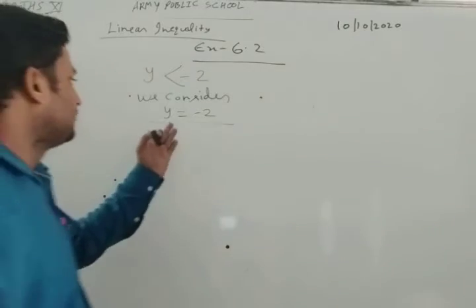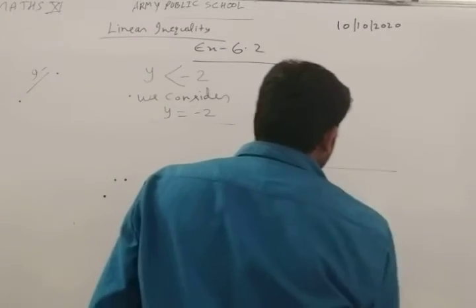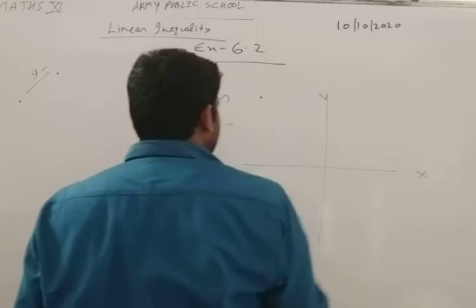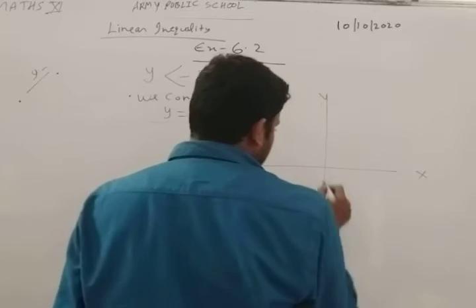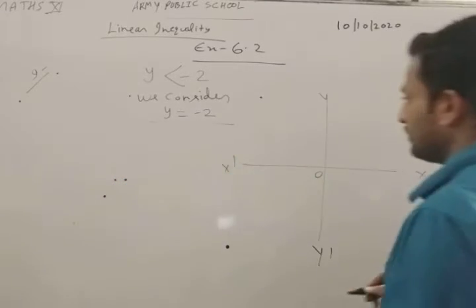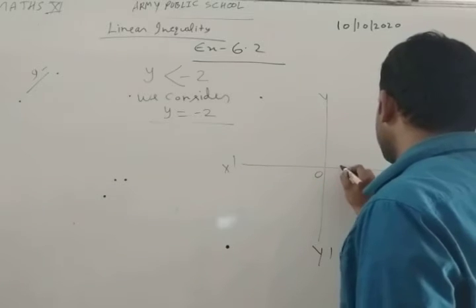Now this is x, y, x dash, y dash, and this is 0. So this is y is equal to minus 2.